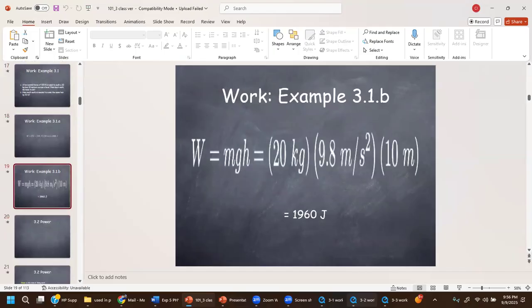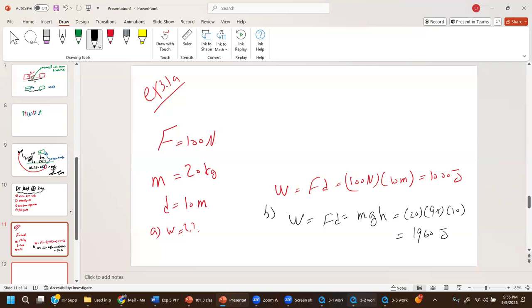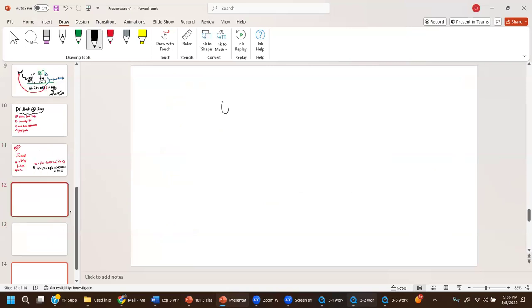Wonderful. Now we have the work, which is your force times your distance, which is your mass times acceleration times your distance.